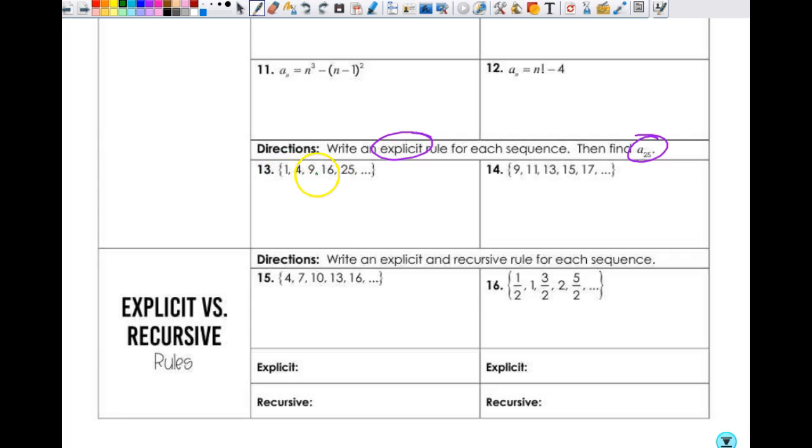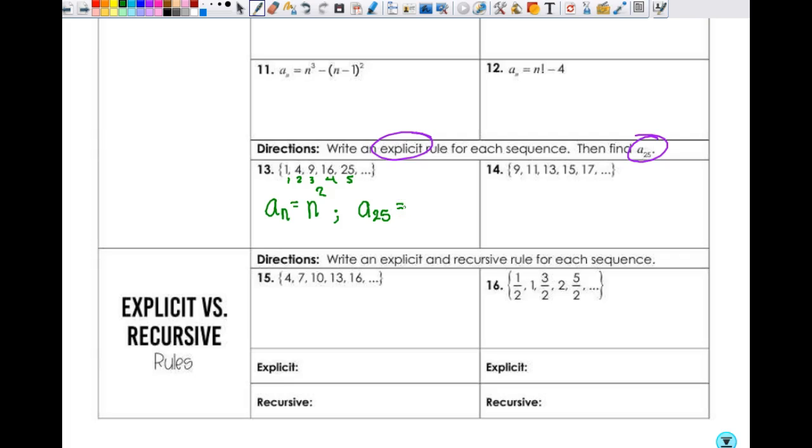So how would you describe this set of numbers? Yeah. And this is the term number 1, 2, 3, 4, 5. So it's not even anything fancy, right? So a sub n is equal to n squared. It's that easy. So a sub 25, which is what it asked me for, was 25 squared.